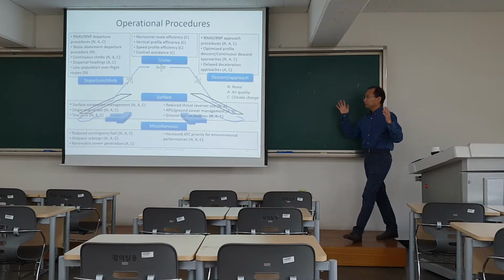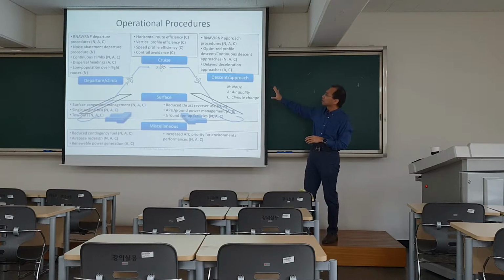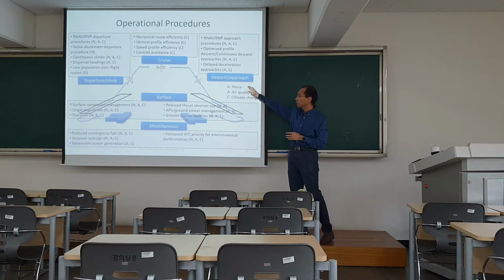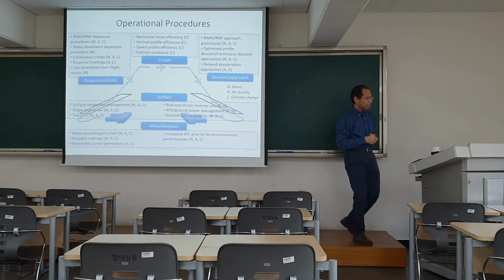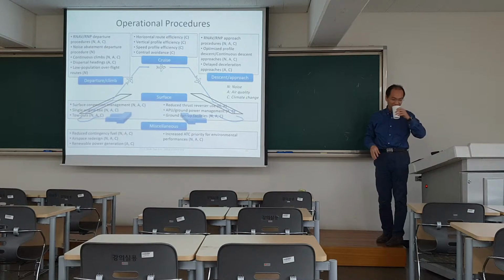So there are actually a lot of operational procedures that impact everything. This chart shows all the procedures related to noise, air quality, and climate change. I should remove this chart, there's too much information.